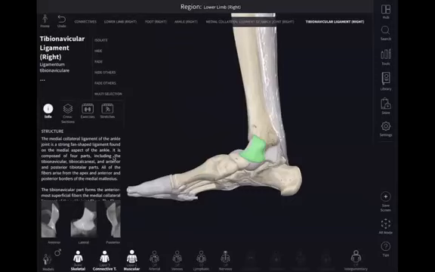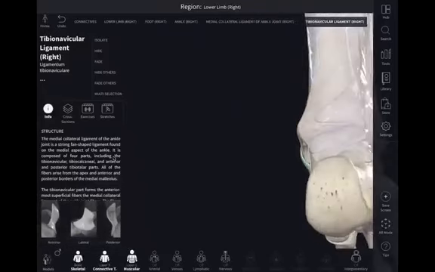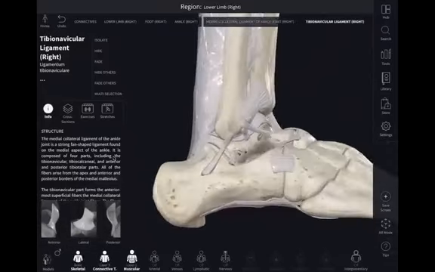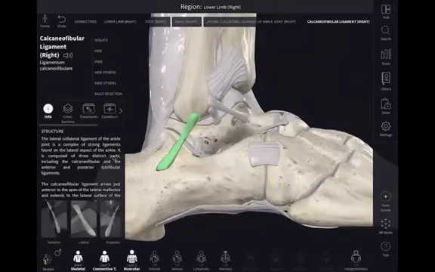This is the tibionavicular part, also normally known as the deltoid ligament. On the medial aspect, you have to know about the deltoid ligament, which is very important. If you go to the lateral aspect, you can see a few other ones. So this is the calcaneofibular.